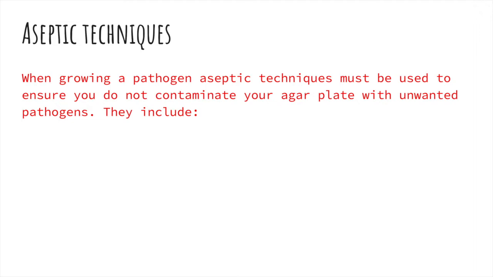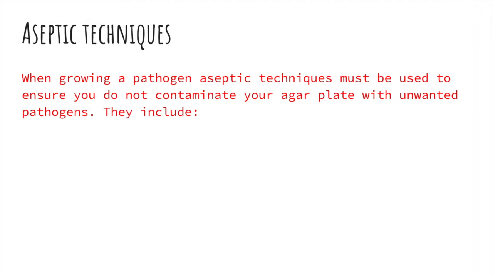We want to make sure that we only grow the thing that we want, and we don't inadvertently grow anything else, because that means our sample is contaminated. We might be growing something that's dangerous to us or to others, or it might just mean that our results are no good, because instead of looking at the effect of a medicine on one bacteria, we're actually looking at it against lots of different ones.